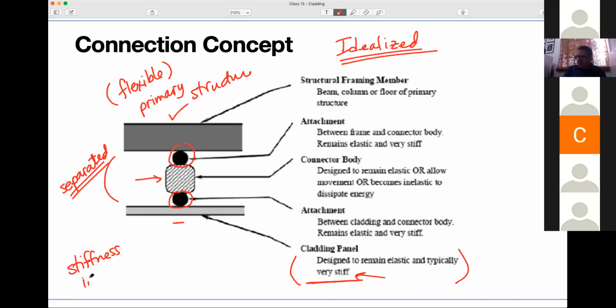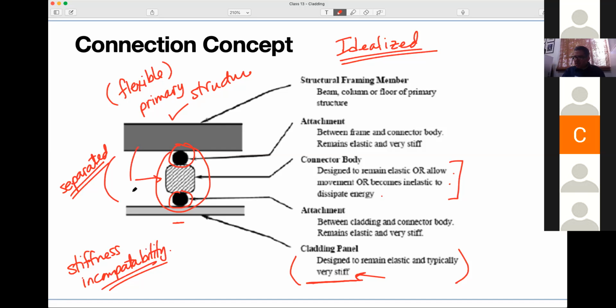And so we can't make them the same stiffness. So this is sort of like a fuse that's going to work between them. That connector body has design elements either to remain elastic or allow movement, or become inelastic to then dissipate energy.